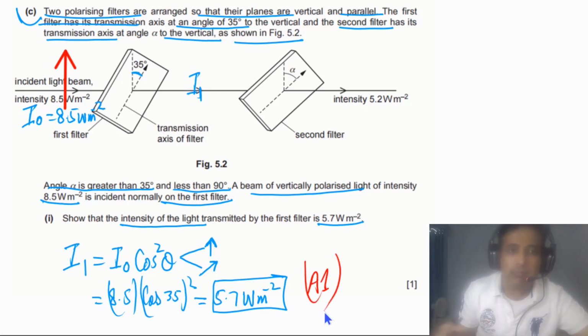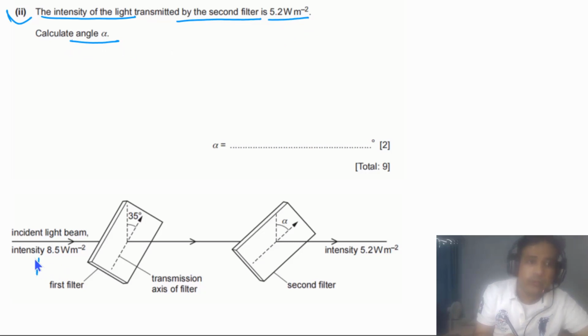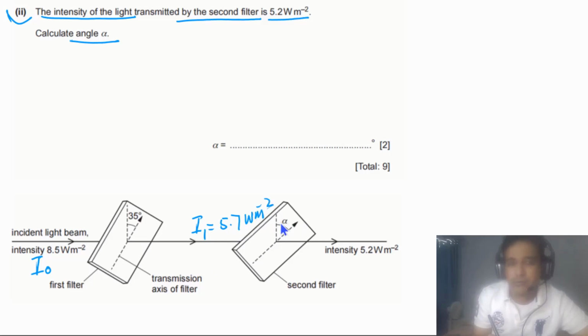Second part says the intensity of the light transmitted by the second filter is 5.2 watts per square meter. Calculate angle alpha. We have already discussed this intensity is I naught, and here we have intensity I1, which we just calculated in the first part. I1 was equal to 5.7 watts per square meter. Now we need to find the value of this angle alpha, and alpha is the angle from vertical.